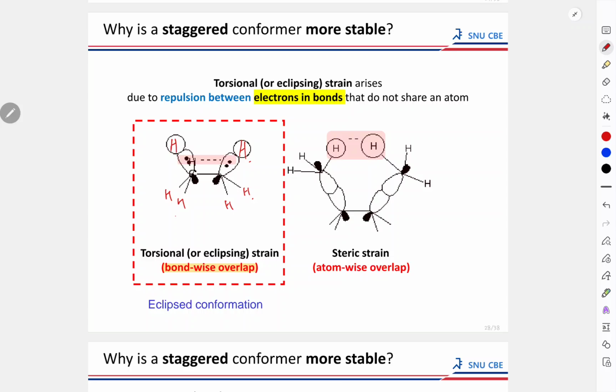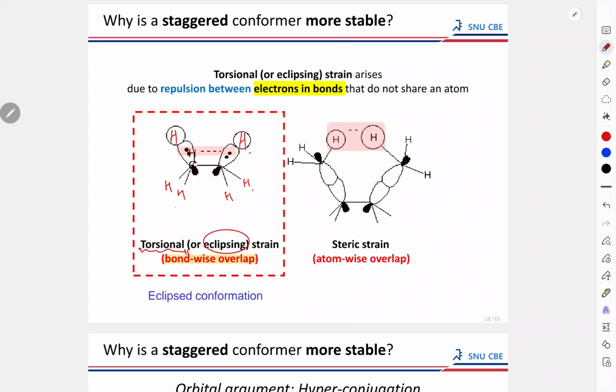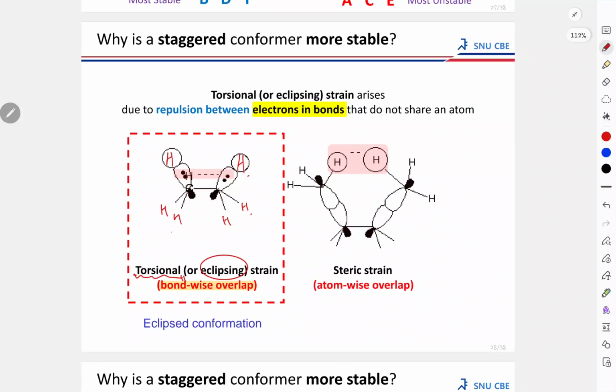You can identify there's a bond between carbon and hydrogen, and there must be bonding electrons occupying the bond. If they are too close, you can imagine there is a repulsion between these two. That is the torsional strain, or eclipsing strain, arising from the bond-wise overlap.